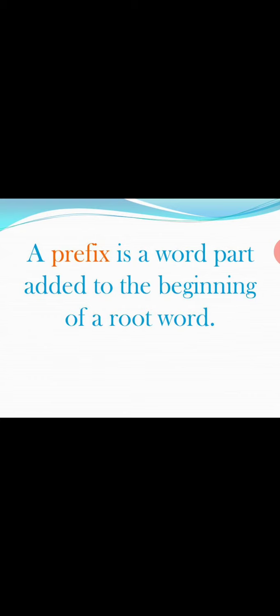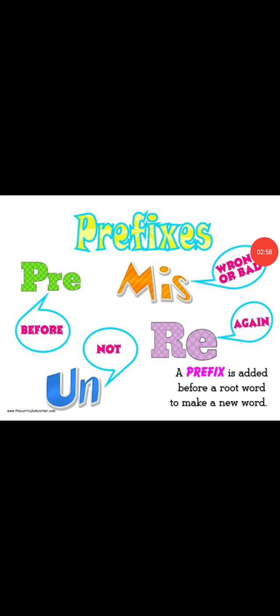For today, we have studied the prefix un. Again, a prefix is also a word part, not a word. And we added this word part to the beginning of a root word, that is prefix. These are some examples of prefixes and their meanings.